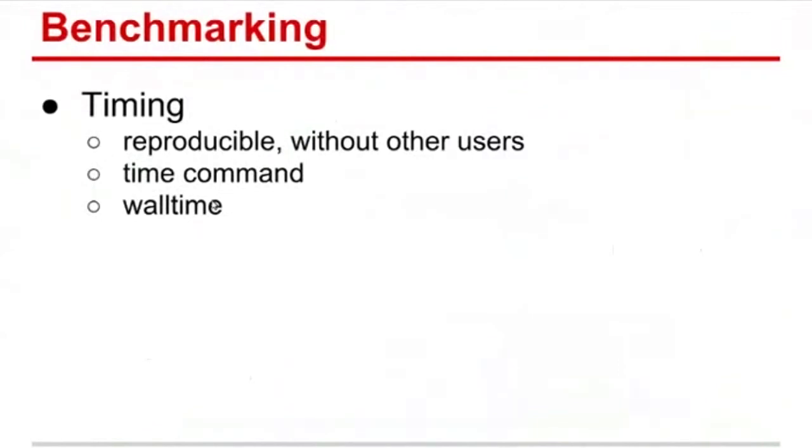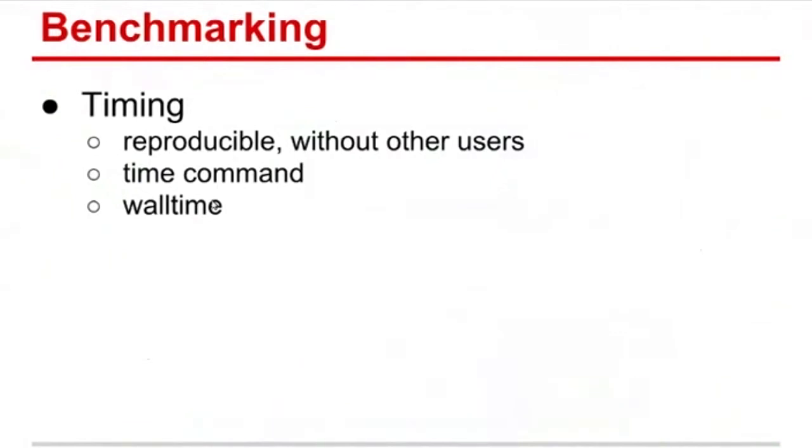Since I talked a little bit about MPI or parallel programs, I should mention that benchmarking is a very important part of running parallel jobs. You should time your program with different numbers of processors to make sure that with additional processors, you're actually getting a faster program run.